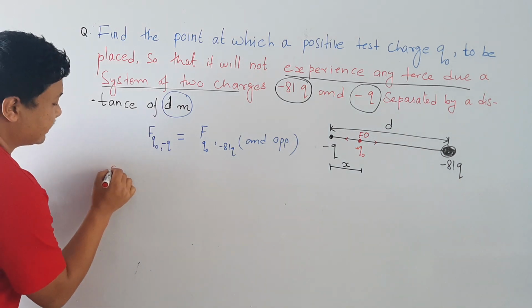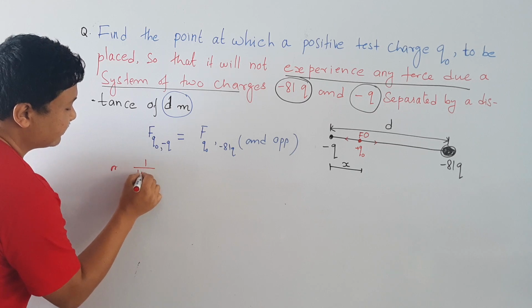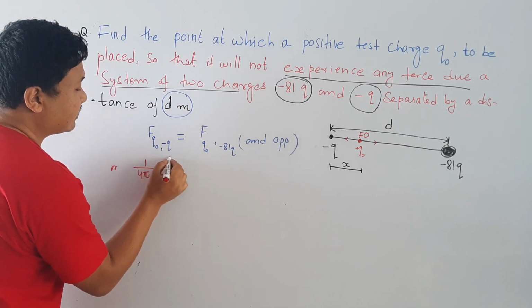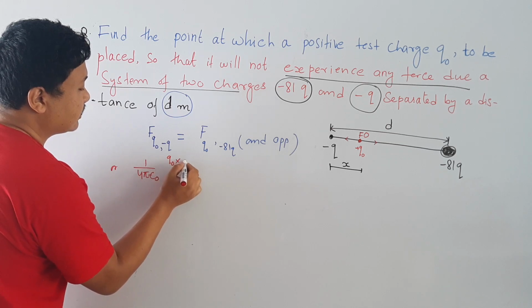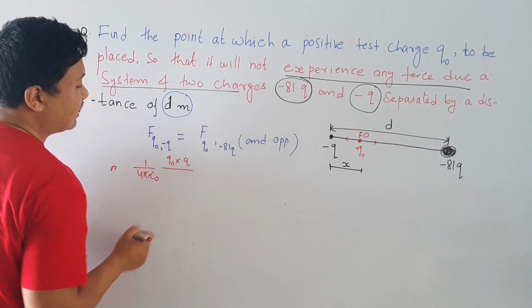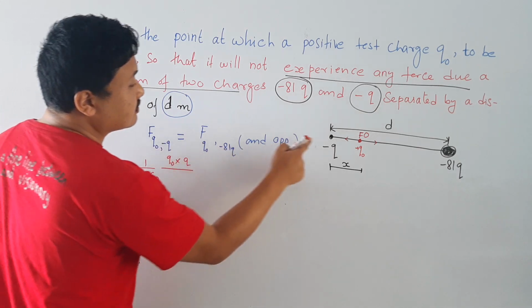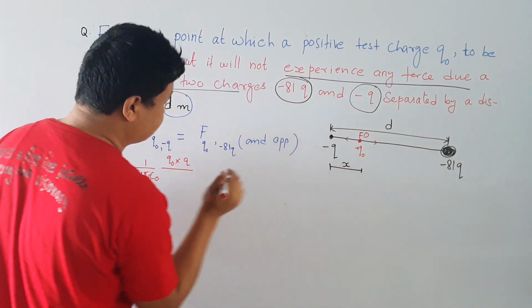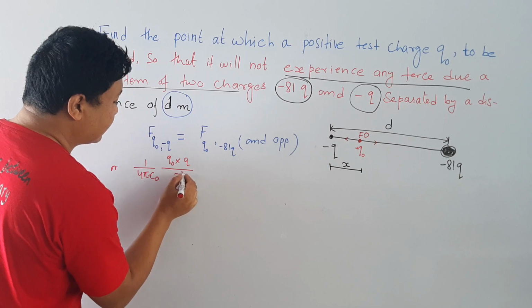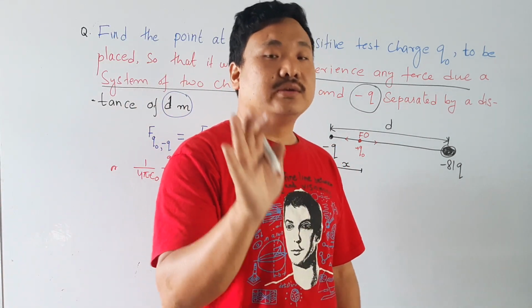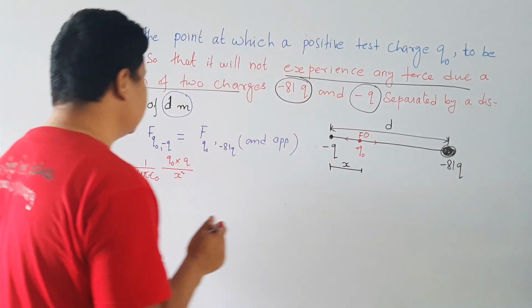So Coulomb's law again: it is 1 by 4 pi epsilon naught, q1 is my q0, q2 is my q, divided by r square. r square is the distance between q0 and minus q, which is x square. Again, please remember, whenever you calculate force, there is no need to put the sign of the charge.